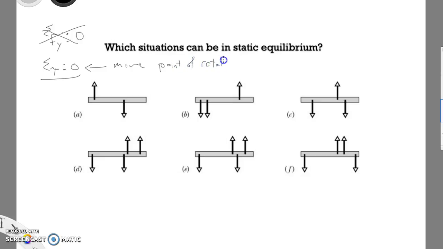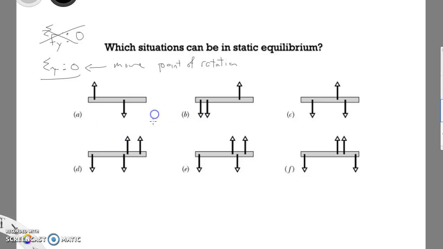Because it's in equilibrium, it's not going to change its rotation, which means we can pick any point and our analysis is valid around any point because the net torque is zero. So go ahead and answer this real quick. Pick the options that could be in static equilibrium.